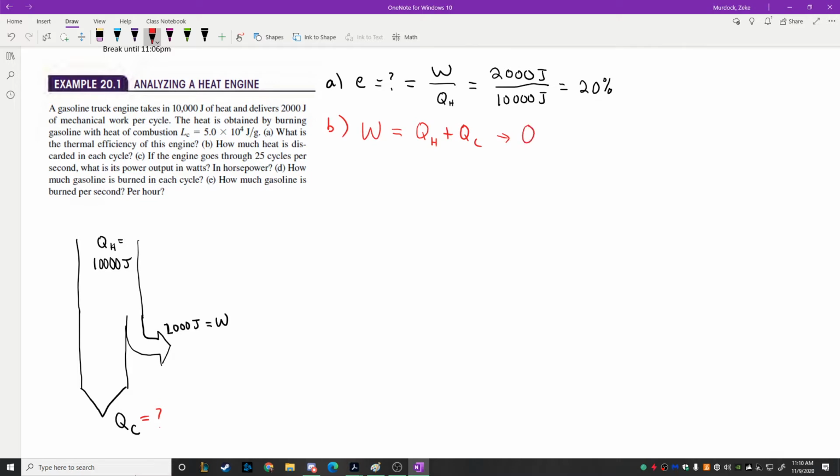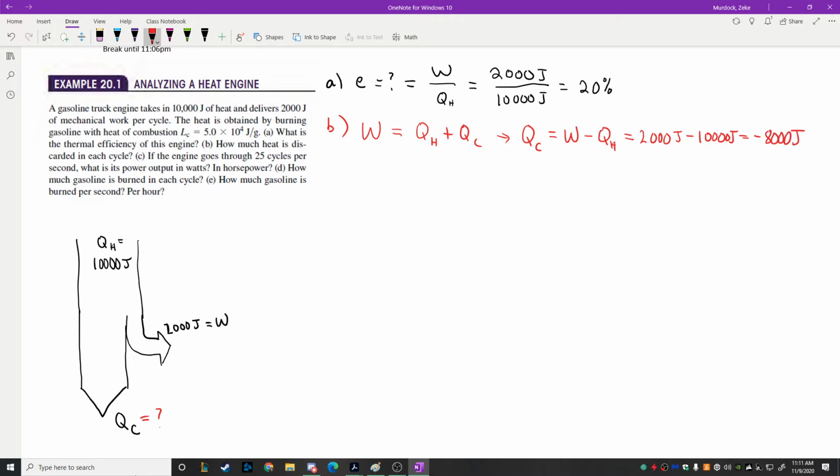So solving this for QC, you get QC is equal to W minus QH, and that would be equal to 2,000 minus 10,000, one extra 0, so that's going to be equal to negative 8,000.